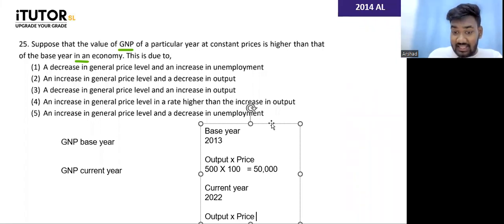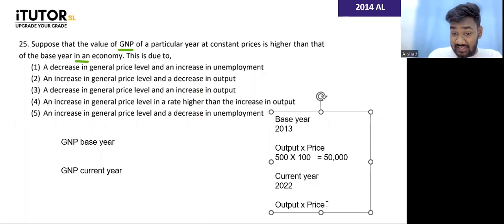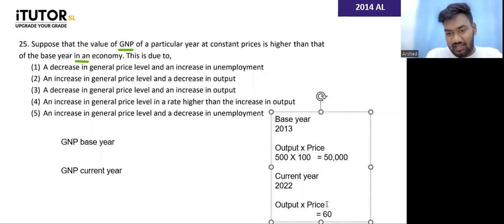But listen carefully, whatever multiplied by whatever is more than the base year, for example 60,000. In the base year, GNP was 50,000, but in the current year it's 60,000. What could have been the reason here, guys?